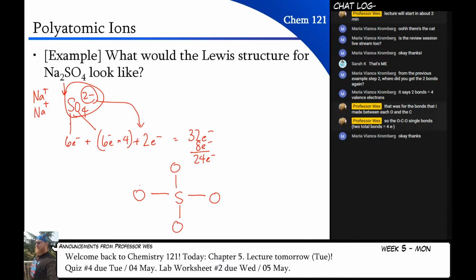And then I'm going to put electrons around the outer atoms. 5, 6, 7, 8, 9, 10, 11, 12, 13, 14, 15, 16, 17, 18, 19, 20, 21, 22, 23, 24. That's all of them. So we can then put brackets around it, and put the charge in the corner, and we're all set. So that's the sulfate part. And then for the other ions, the sodium, you just kind of attach them on the side. So that's what you would draw.